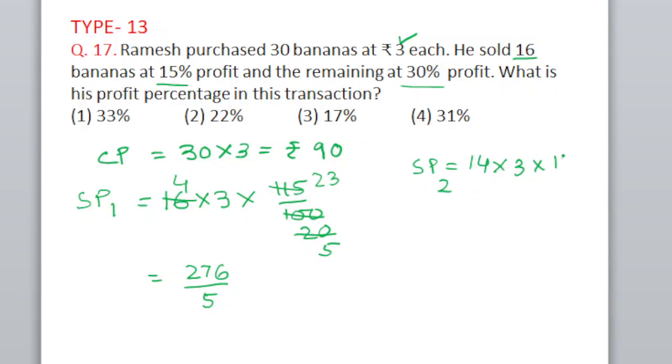So it will be 130 divided by 100. So 2 7s are 14, 2 5s are 10. So 21 into 13. So it is coming as 273 divided by 5.